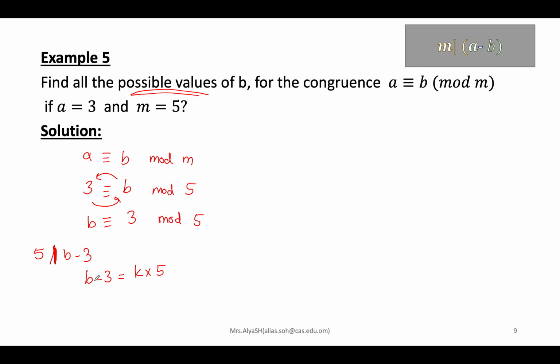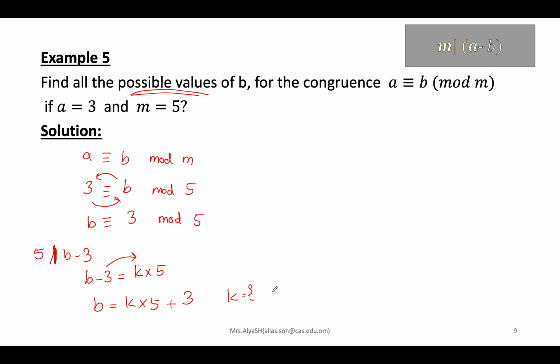Now, to put B on one side and all the known values on the other side, we move 3, so B equals k times 5 plus 3. Again, k is any integer number.